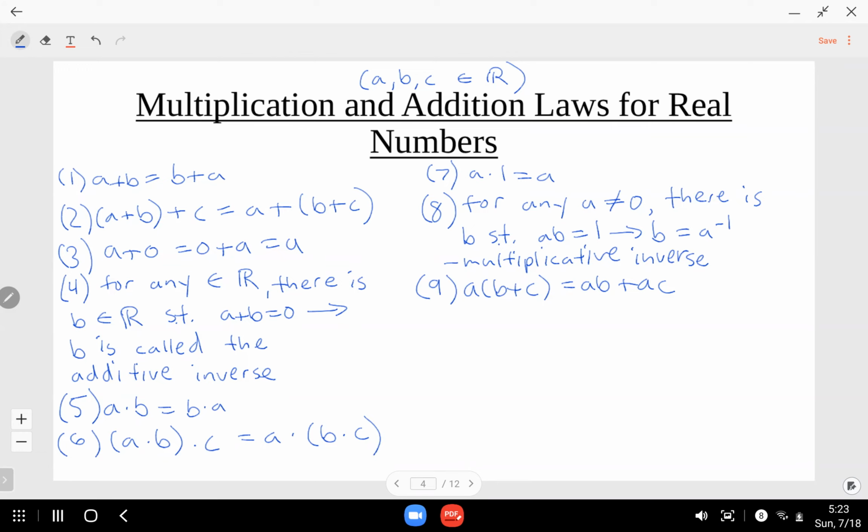A times 1, of course that's a. But there are some pretty useful laws in there as well, so you might as well remember them, like the distributive property. Definitely going to use that one in algebra. I'll give you a couple moments to take notes.